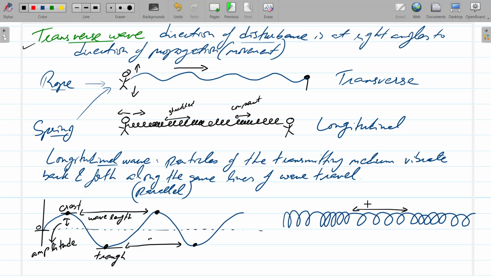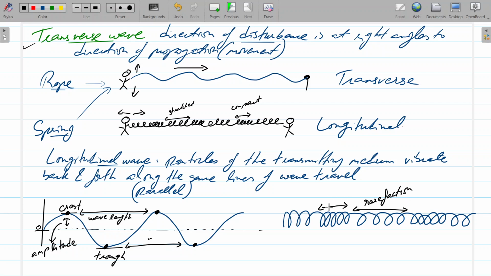This is called a rarefaction. Rarefaction, where the matter is further apart, and then this part over here, rarefaction, rarefaction, rarefaction.